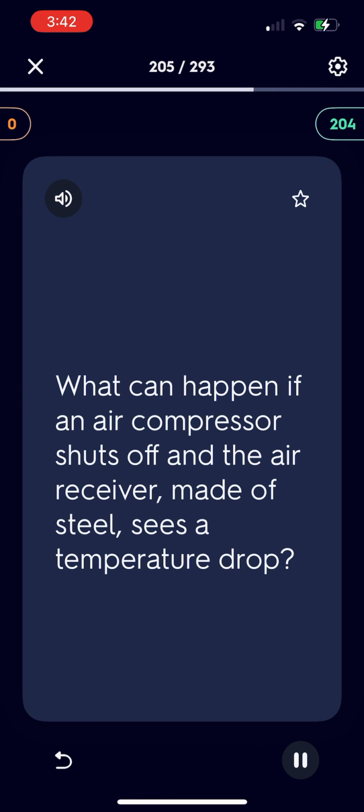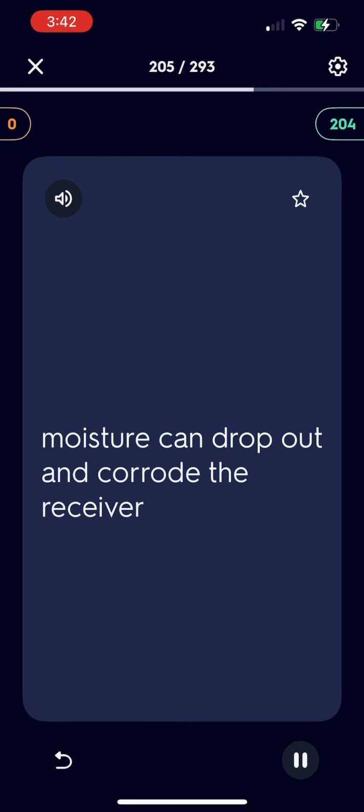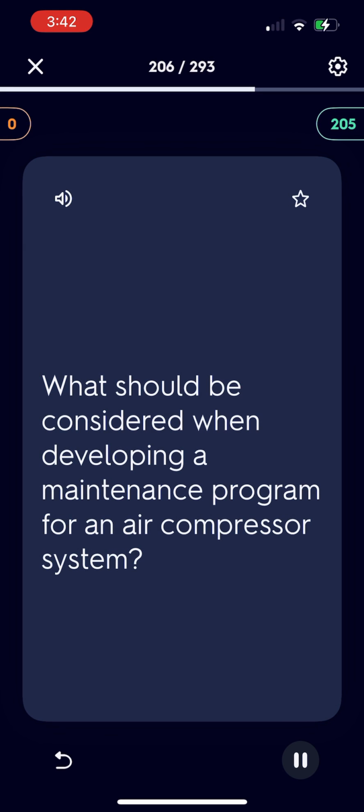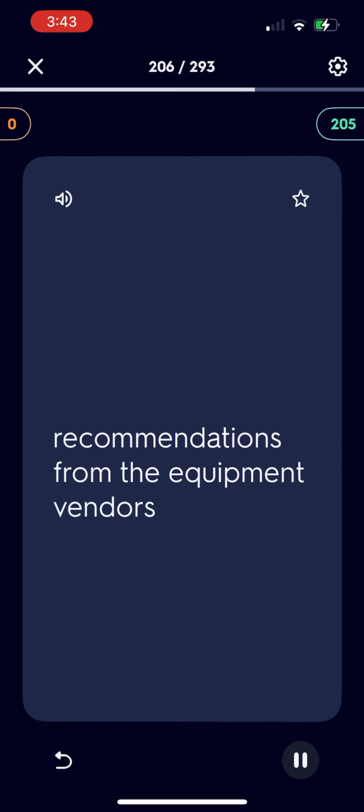What can happen if an air compressor shuts off and the air receiver, made of steel, sees a temperature drop? Moisture can drop out and corrode the receiver. What should be considered when developing a maintenance program for an air compressor system? Recommendations from the equipment vendors.